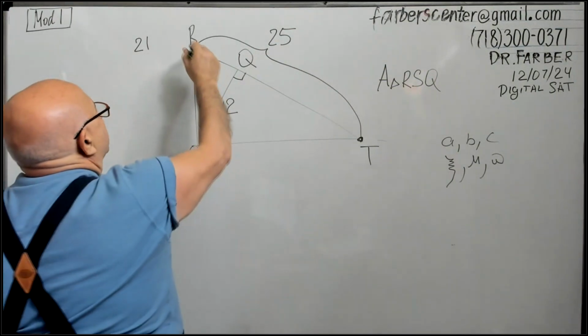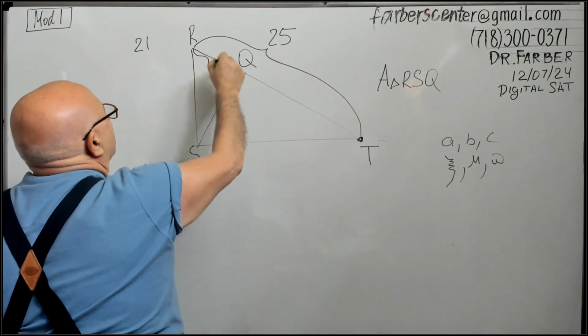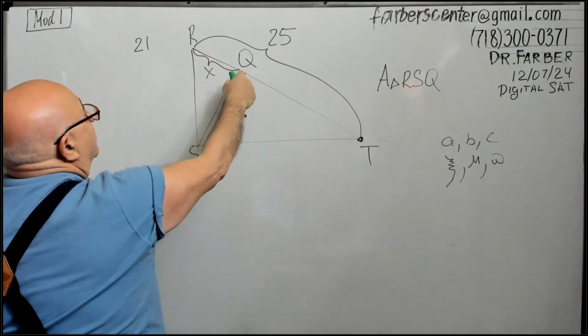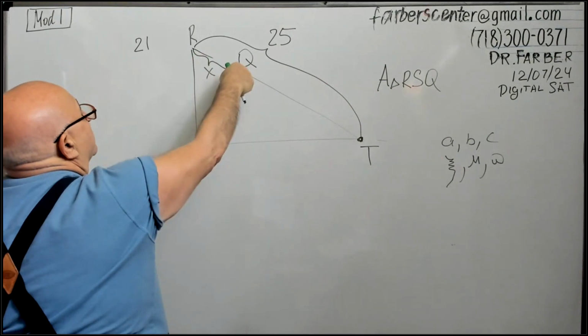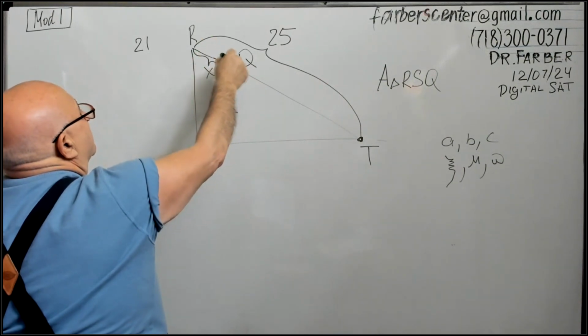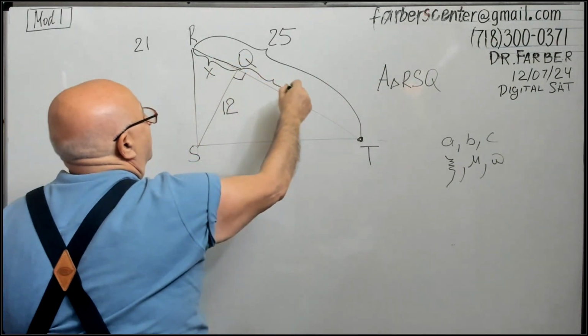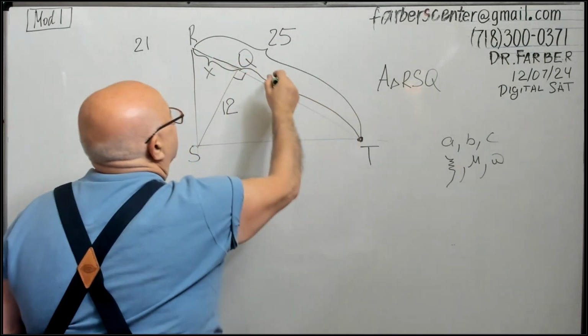So this is x. If I knew this one, I would multiply this height by this x, but I don't know this x. If this is x, this must be what? 25 minus x.